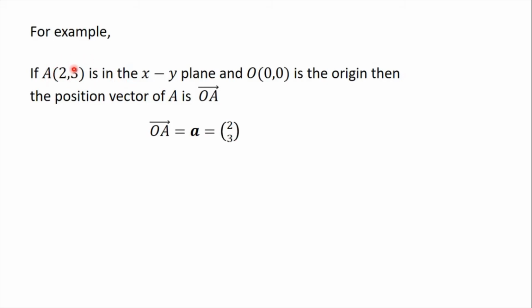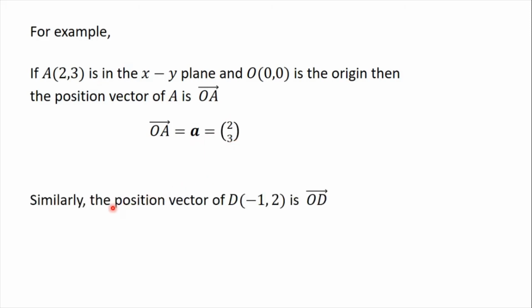So here is the point, and these are the components of its position vector. For a point, the x coordinate will be the x component, and the y coordinate will be the y component of the vector.